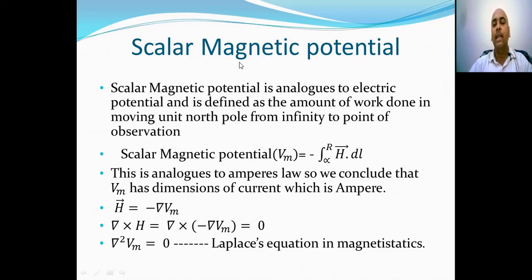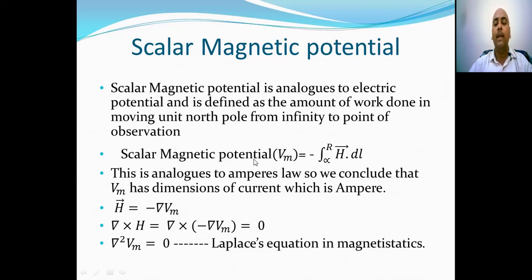First is scalar magnetic potential. Scalar magnetic potential basically exists due to the magnet, that is, where there is no current density. Scalar magnetic potential is analogous to electric potential and is defined as the amount of work done in moving a unit north pole from infinity to the point of observation.